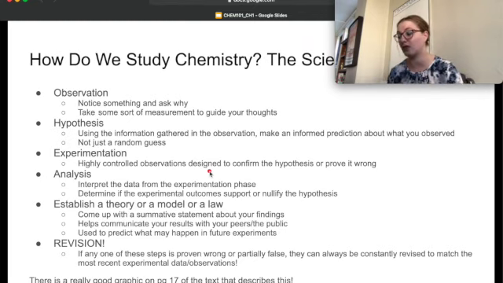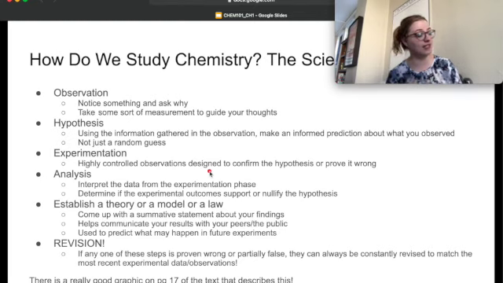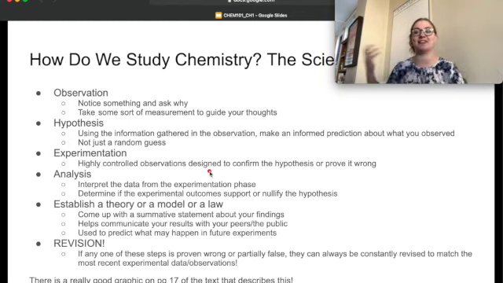So if you think about it this way, if we weren't working with revision and we decided that science was always set in stone the first time we had an idea, we would still think that the Earth is the center of the solar system, and a lot of our physics and a lot of our understanding of the galaxy and the universe and all the bigger structures out there in space around us wouldn't have that information, because we couldn't have figured that out if we still thought the Earth was the center of the solar system.